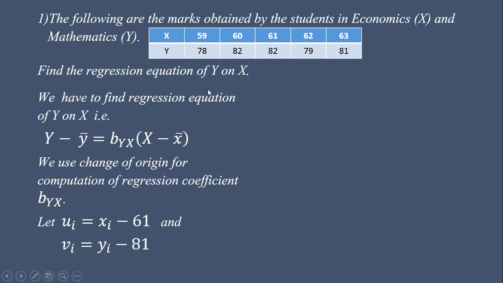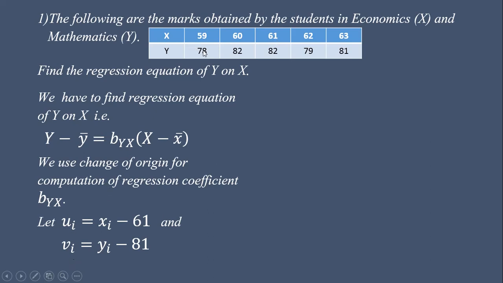The least value of x is 59 and the greatest is 63. So if we choose the middle value 61, some values will be negative, some will be positive, and one value of ui we get 0.